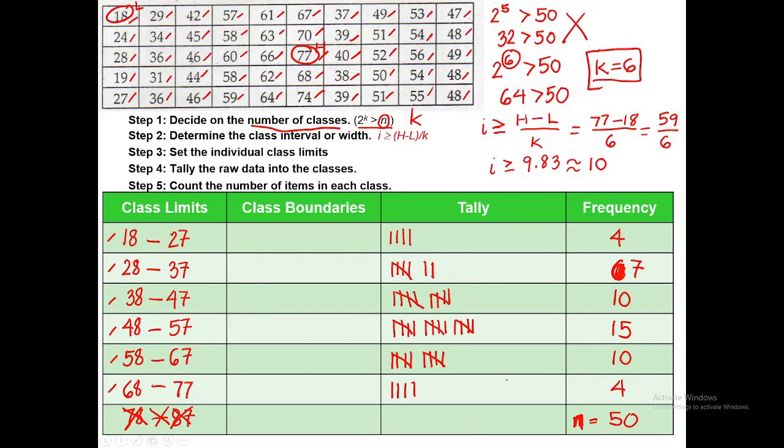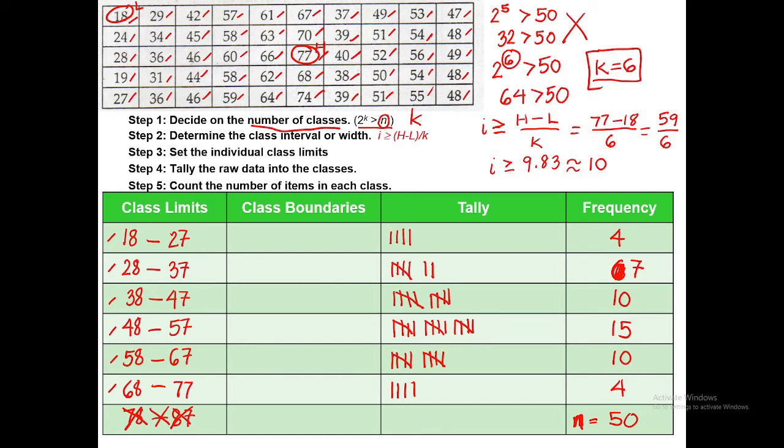Okay? Now let's continue. Let's go to the second column, the class boundaries. Let's begin first with the lower class limits, to get the lower class boundary. Let's begin first with 18. It's so simple.